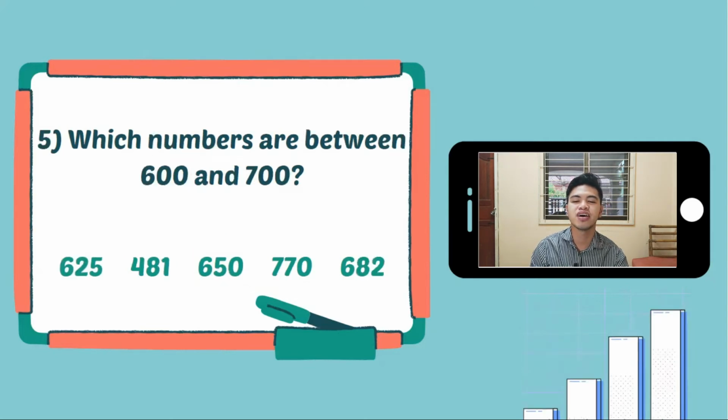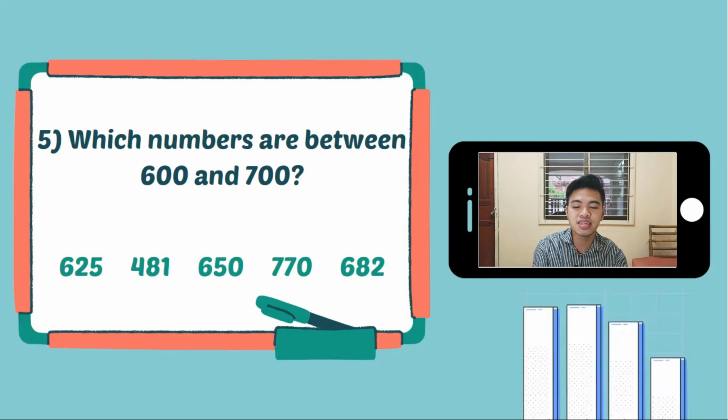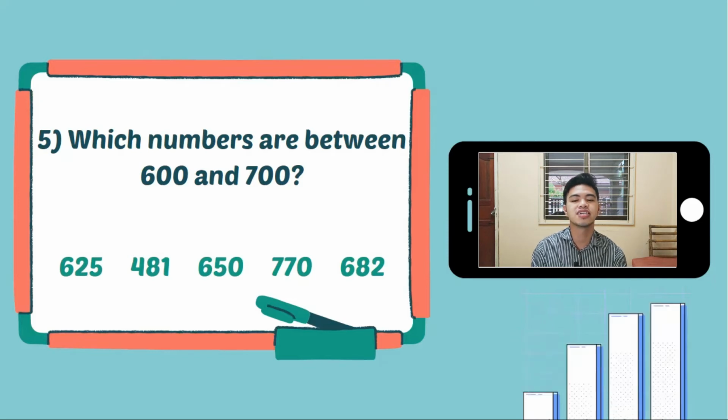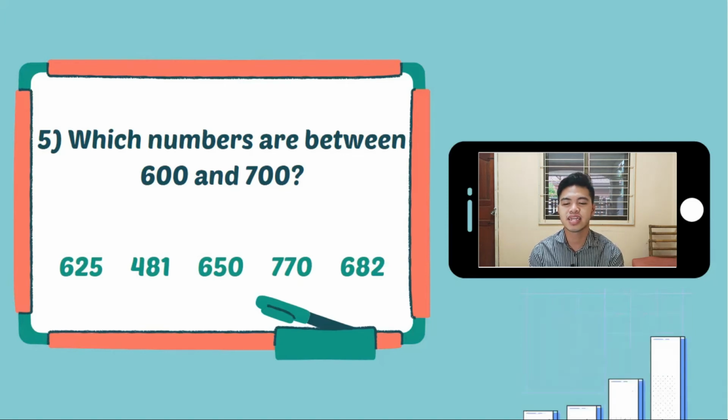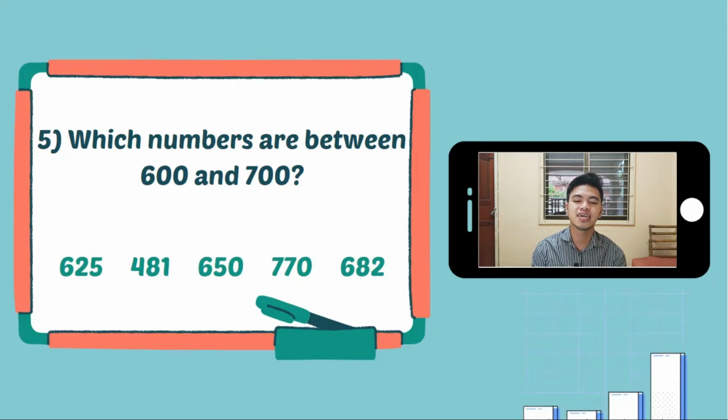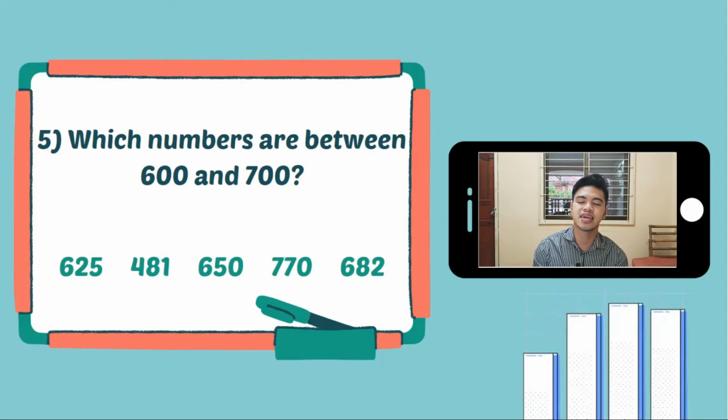For the number 5, which numbers are between 600 and 700? Here we are going to look at the numbers and find out which are in between 600 and 700. So it will be from 601 to 699. Which among the numbers are included in that category? We have here the choices: 625, 481, 650, 770, and 682.